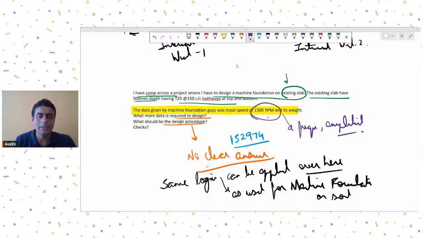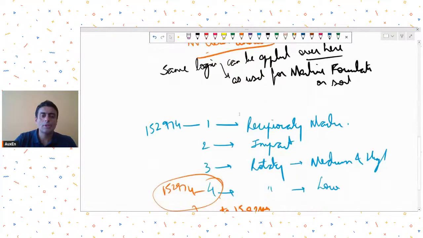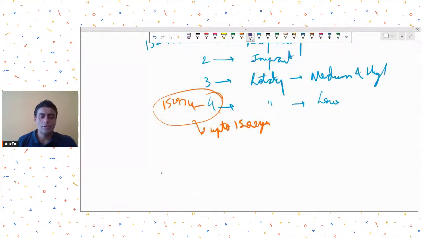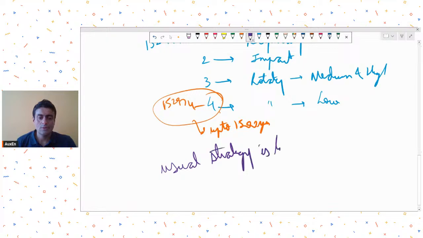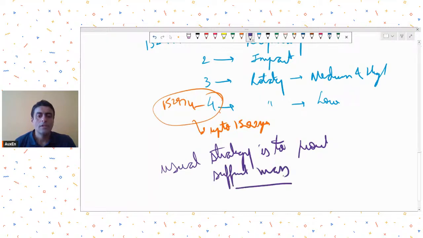Usually these vibrations are damped by providing sufficient mass. So the usual strategy in machine foundations is to provide sufficient mass. Usually we would provide mass two times or three times the machine weight.